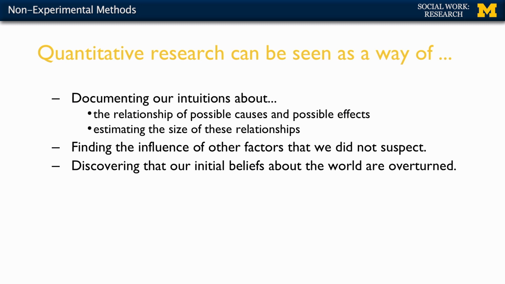Quantitative research is also going to let us find the influence of other factors that we did not suspect were at play. And it may mean that we discover that our initial beliefs about the world are sometimes overturned.